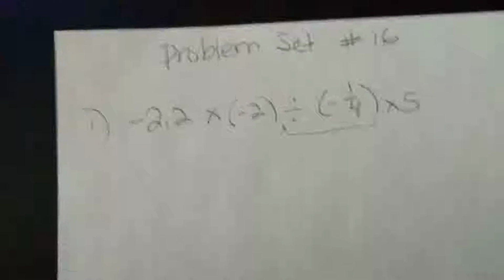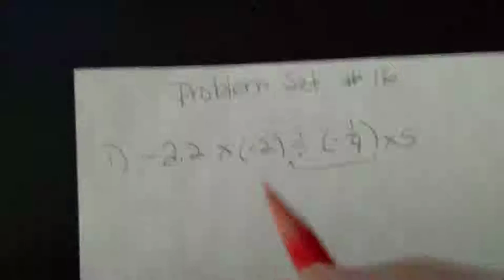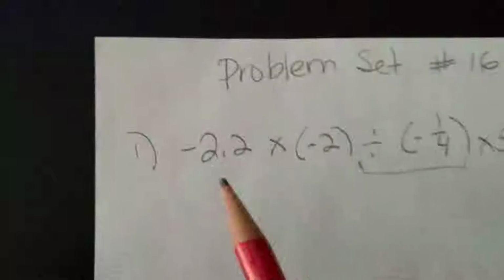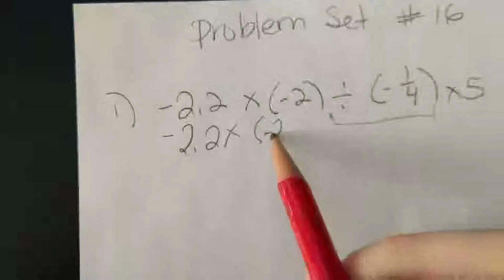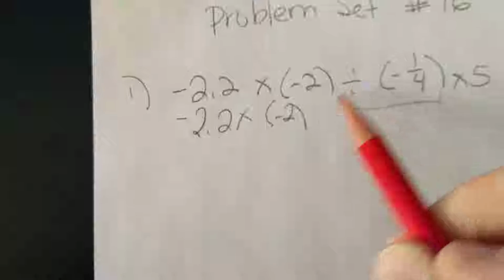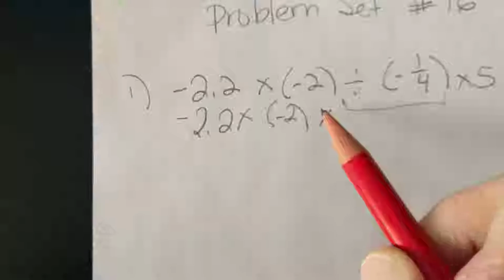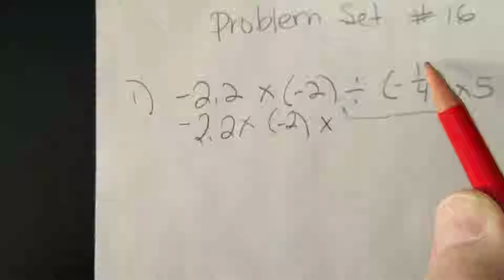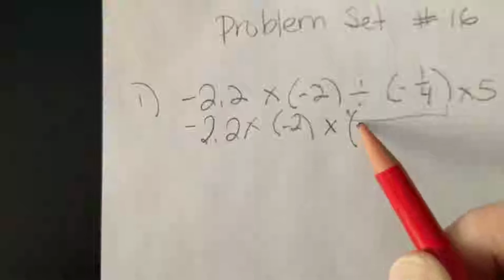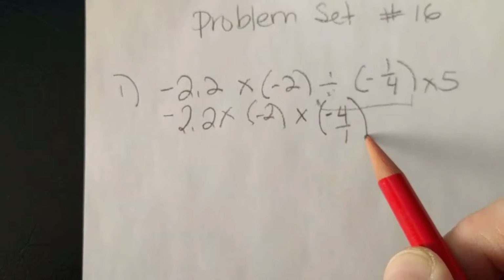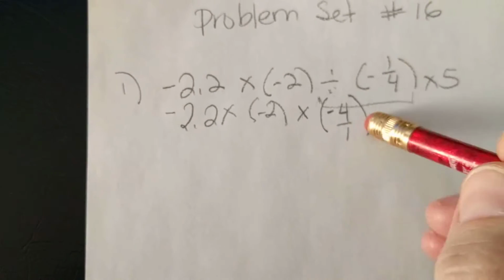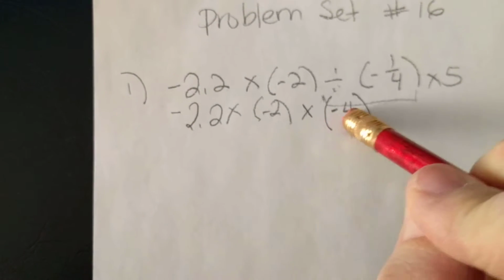Okay, so let's begin. Anytime I see division, I'm going to rewrite it. So I have negative 2.2 times negative 2, divide becomes times, and when I change this to times, I'm going to flip this, so it becomes negative 4 over 1. I could also write this as negative 4, because the over 1 is the same.